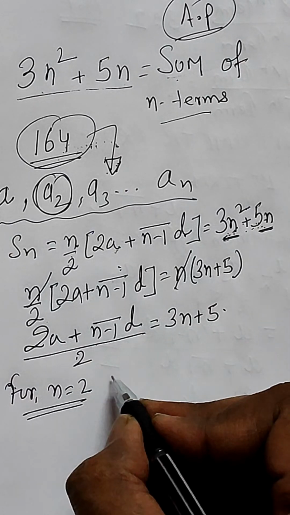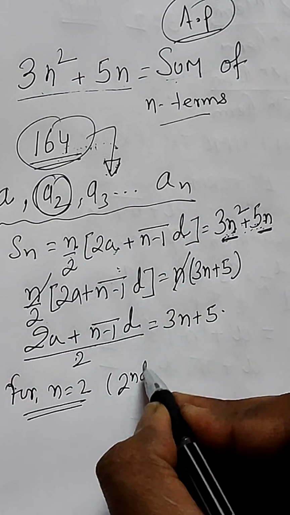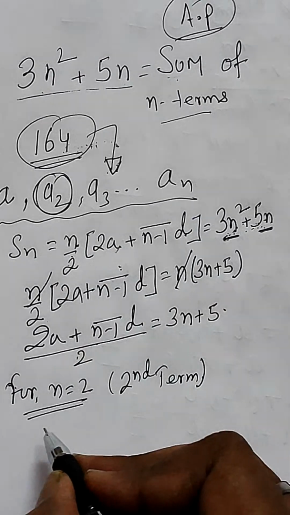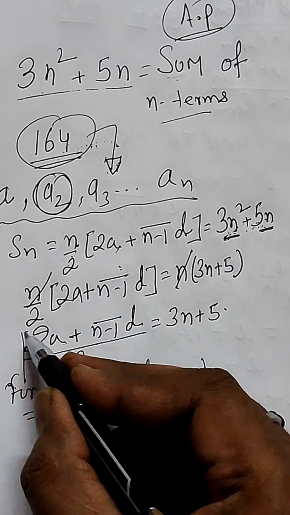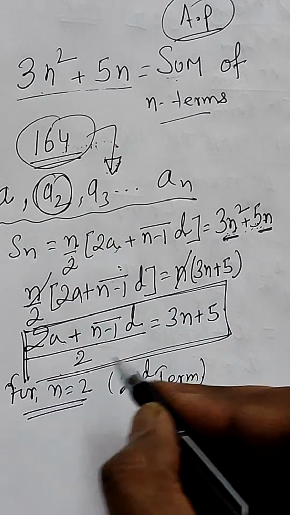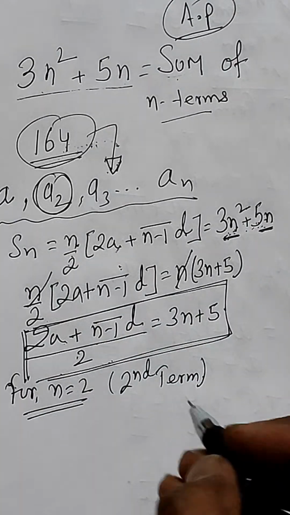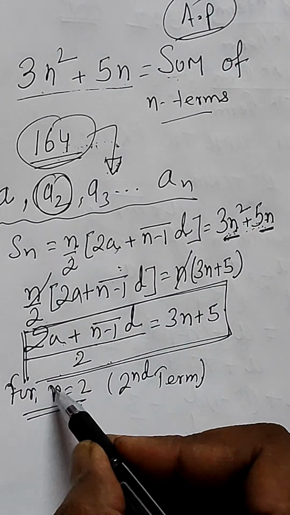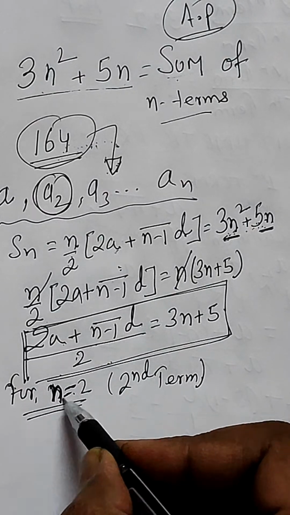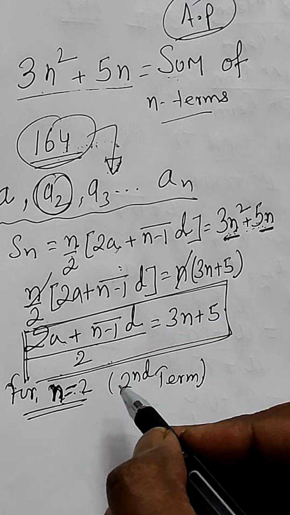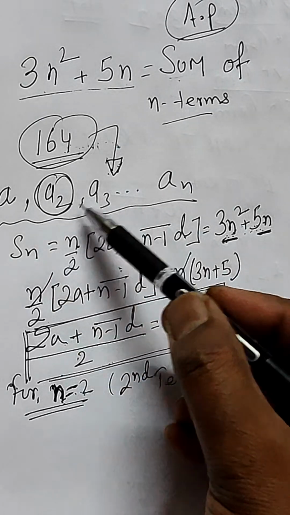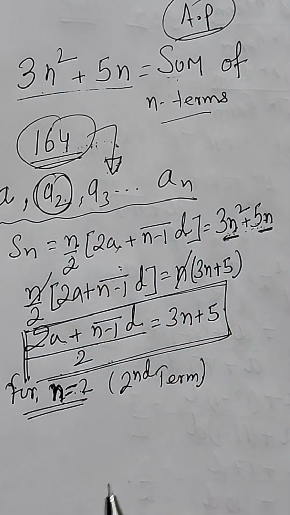You can put any value of n, but we are putting the easiest number, since the lowest natural number after 1 is 2.